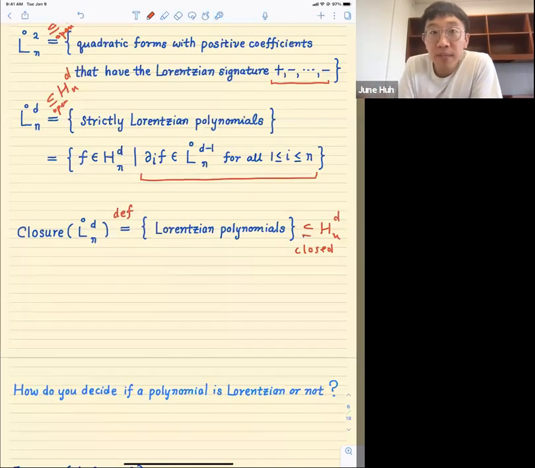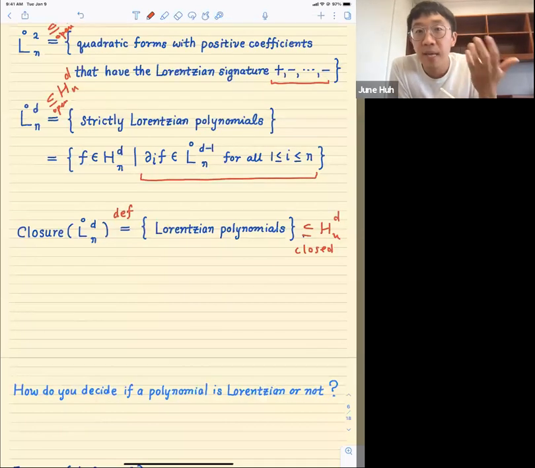If you want to show that the given one is Lorentzian, you have to somehow produce an explicit limiting sequence of strictly Lorentzian polynomials. And if you want to show that the given one is not Lorentzian, you have to somehow argue your way to show that the given polynomial does not have the property that a general Lorentzian polynomial has.